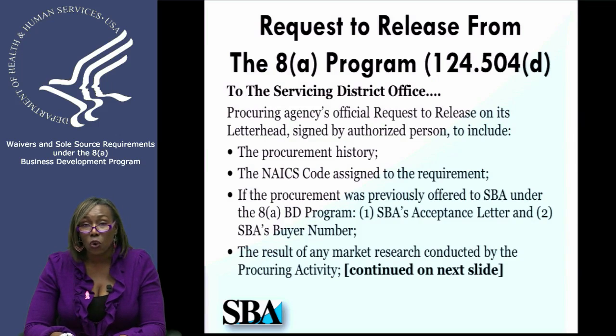So we need to see the acceptance letter, and we want the SBA buy number. Not all times you have that information, although you should, but if you give us enough information, SBA may be able to help you find it. So we'll work together to get this information packaged.